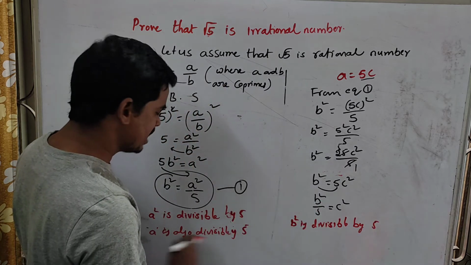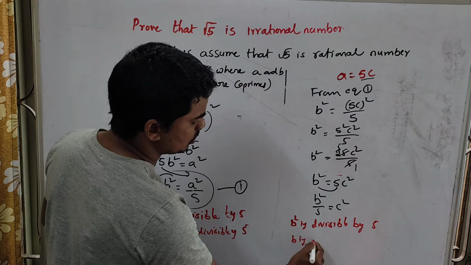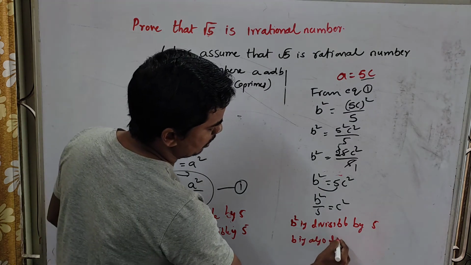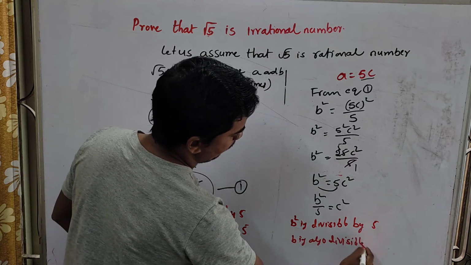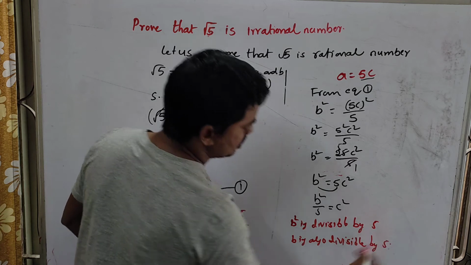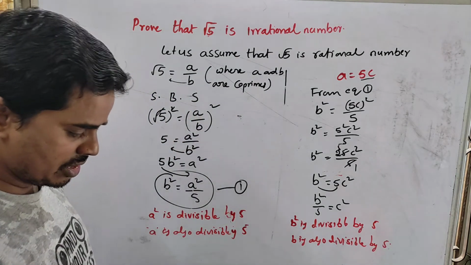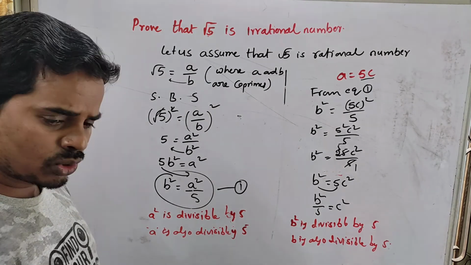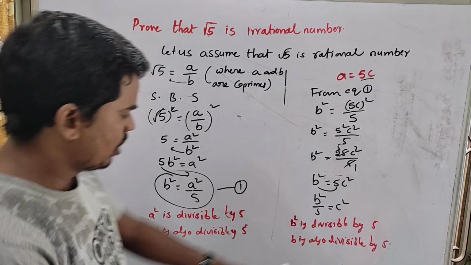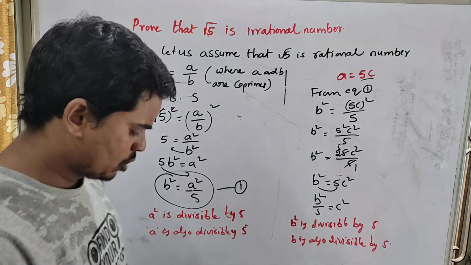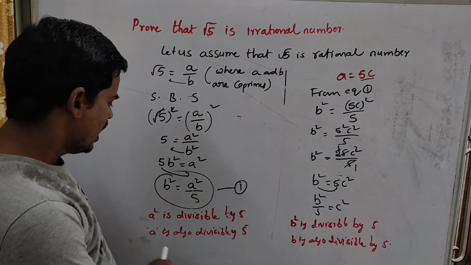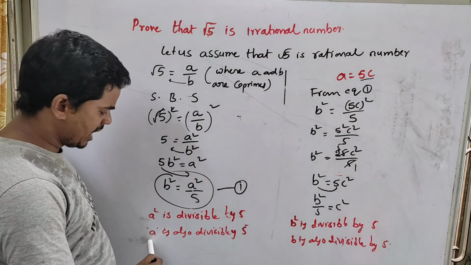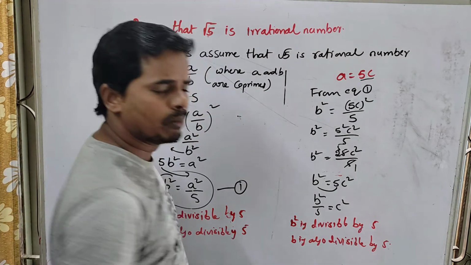If b square is divisible by 5, then b is also divisible by 5. So this is enough to complete our answer, and we have to write a statement in the end. If you notice here, we got two different statements: a is divisible by 5, b is divisible by 5.